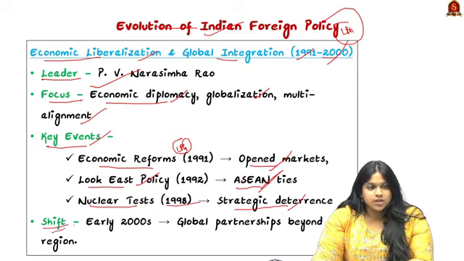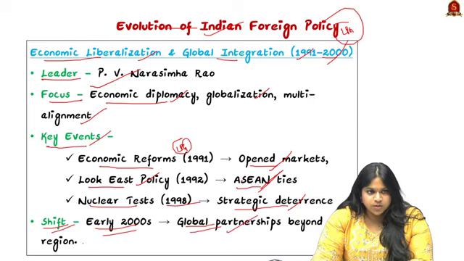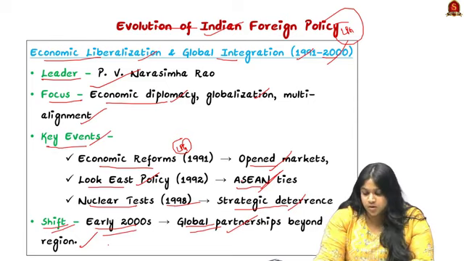So after this, there was again a major shift in the early 2000s, where, after our country recognized the importance of multi-alignment, we brought in global partnerships beyond the region. So after giving importance to regional diplomacy, we brought in importance for global diplomacy and global partnerships.